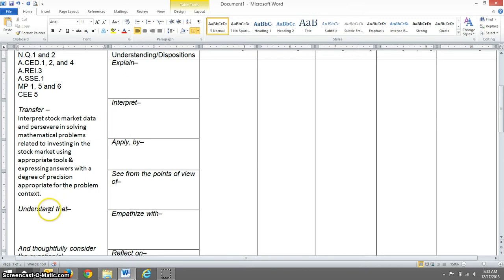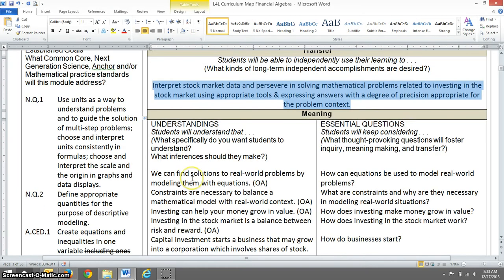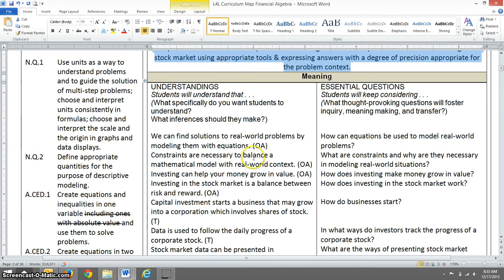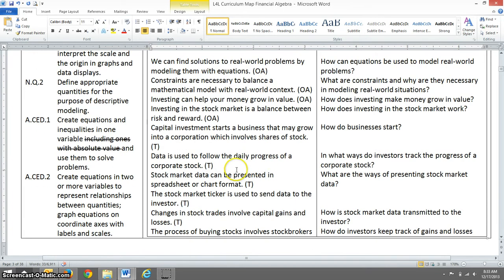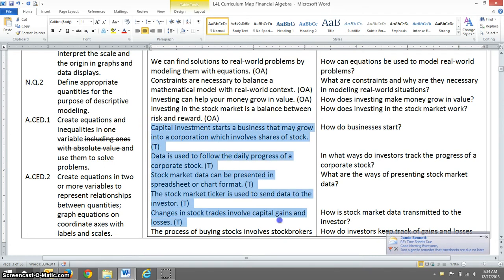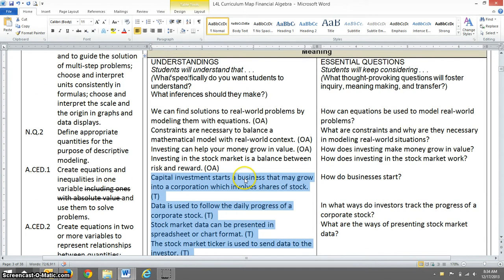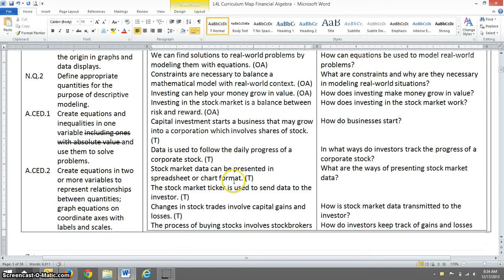Next, for essential understanding. So I'm going to switch back, and here is where my overarching essential understandings and questions will come into play because these are overarching. They work well with my performance task. I am not ignoring the topical ones, which are these, because I will see them again in my other evidences.